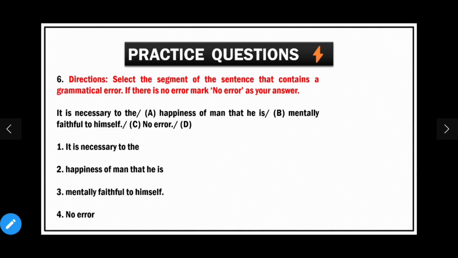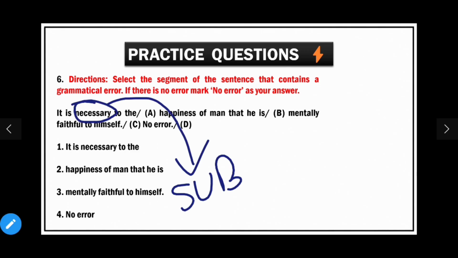So what is the error here? One thing you have grasped, that necessary is part of subjunctive mood. Now we have to see whether the verb is written in root form, the V1 form, or not.